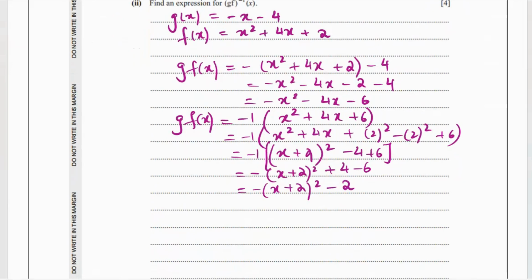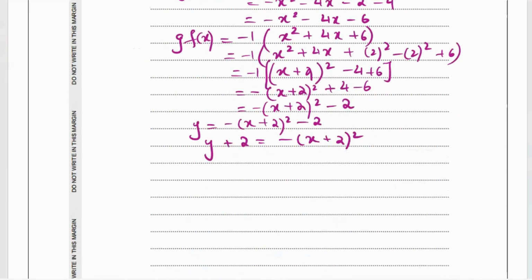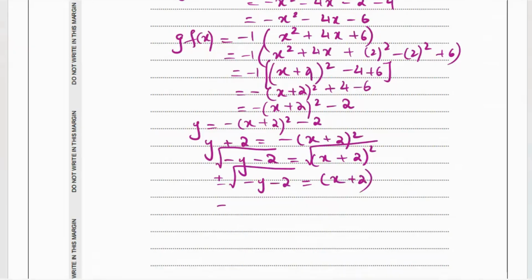Now we're going to find the inverse of this. So y equals negative x plus 2 whole squared minus 2. y plus 2 equals negative x plus 2 whole squared. Divide both sides by negative 1, so negative y minus 2 equals x plus 2 whole squared. Square root both sides: plus minus root of negative y minus 2 equals x plus 2, so plus minus root of negative y minus 2, minus 2, equals x.